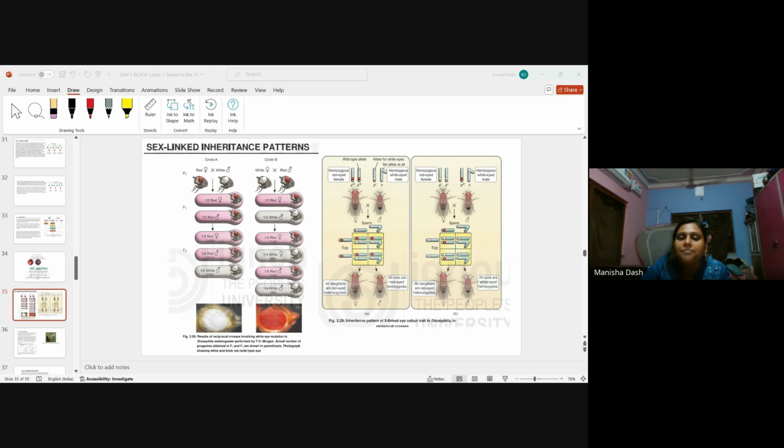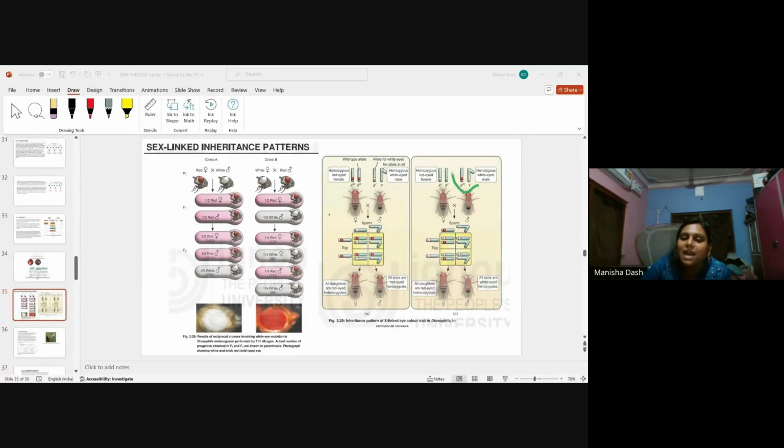The gene that controls eye color in Drosophila is located on the X chromosome. The mother's X chromosome is distributed to both son and daughter, so when the mother had red eye color, all the progeny had red eye color. But in the second cross, only the daughter receives the X chromosome from the father. The father does not contribute any X to the son; only the Y is given by the father to the son.